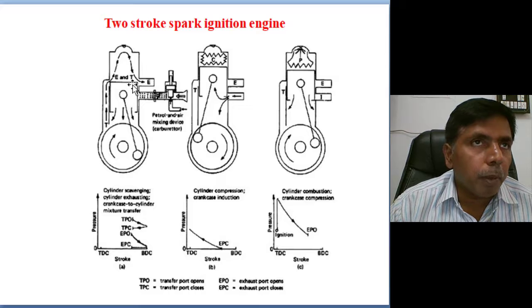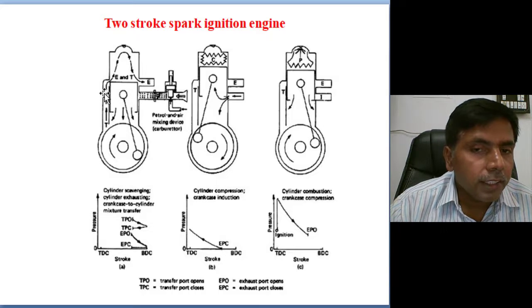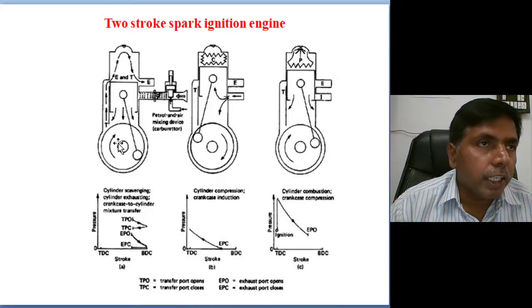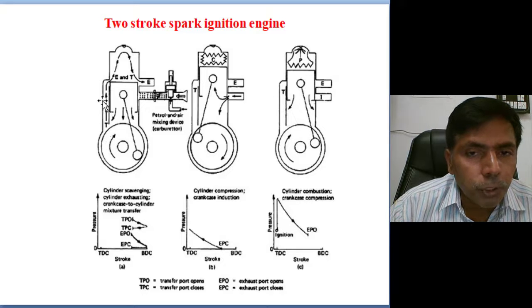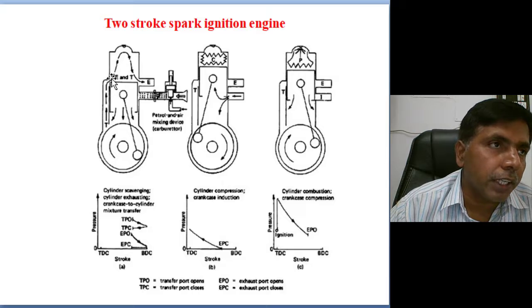After movement of maybe 5 to 10 degrees of the piston in the downward direction, the transfer port also opens. Through the transfer port, the already compressed air-fuel mixture available in the crankcase will rush into the cylinder area, the combustion chamber area.